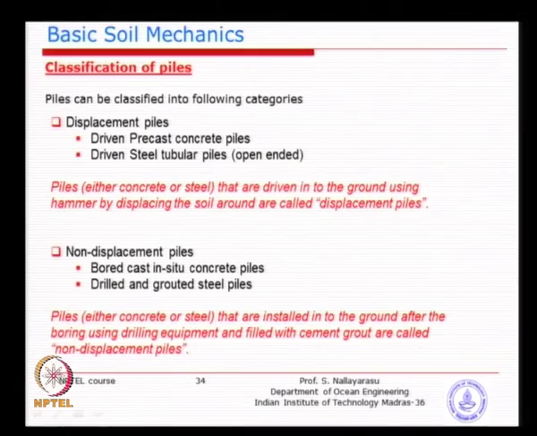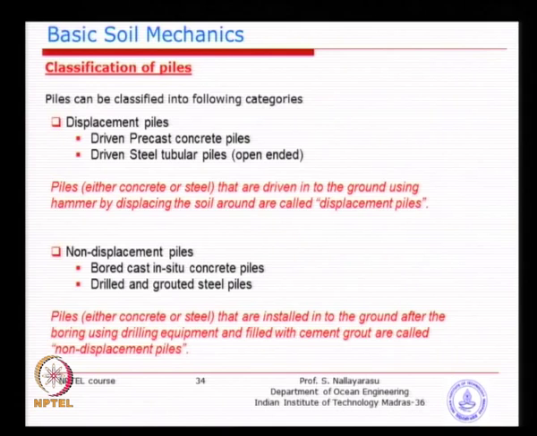So, if you have precast concrete piles or steel tubular piles, you need to drive them into the ground. When you are doing that, the erection of the pile into the soil is by penetrating, by displacing the soil that is supposed to be occupied at the location of the pile.